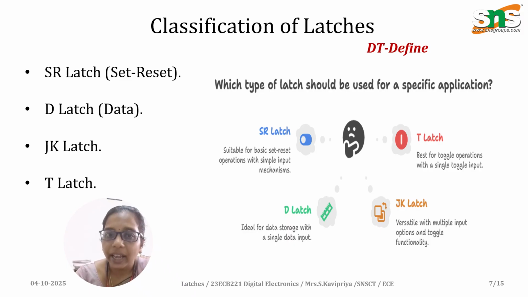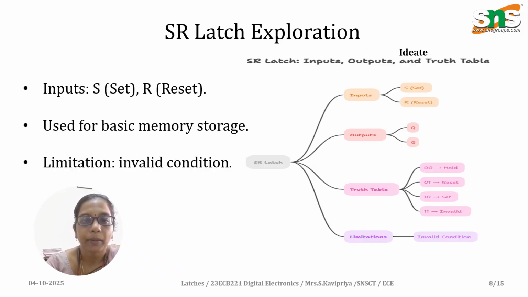Wherever a single data input is preferred, D latches are employed, and the JK latch is a versatile latch which can be used for applications that require even the most complex circuitry. Next, I am going to discuss the SR latch and D latch in detail.